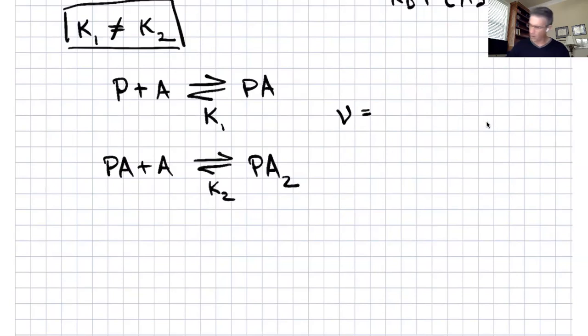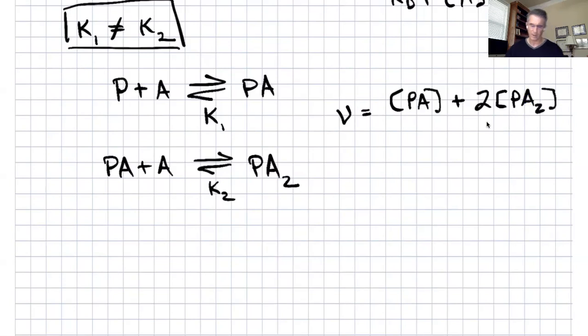So let's see, moles of bound A, that'd be the concentration of our monomolecularly bound complex, PA, plus 2 times the concentration of our dimolecularly bound complex.